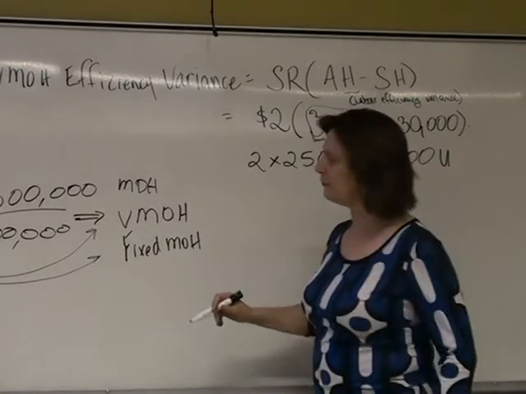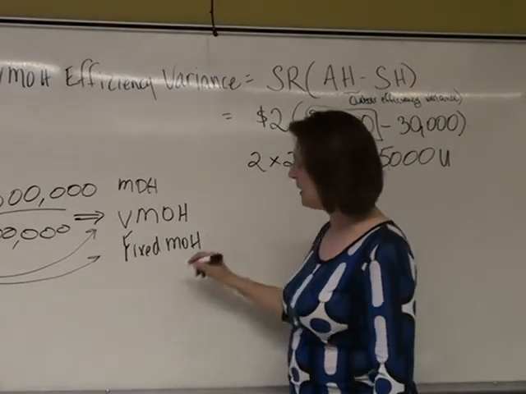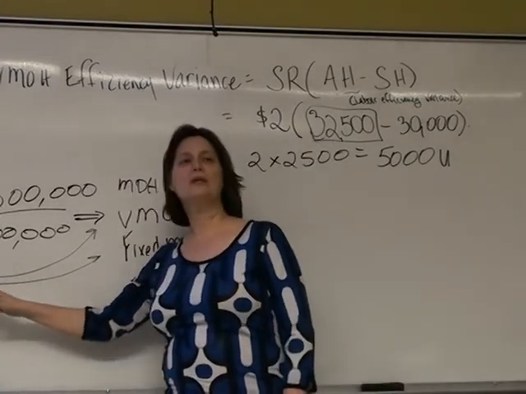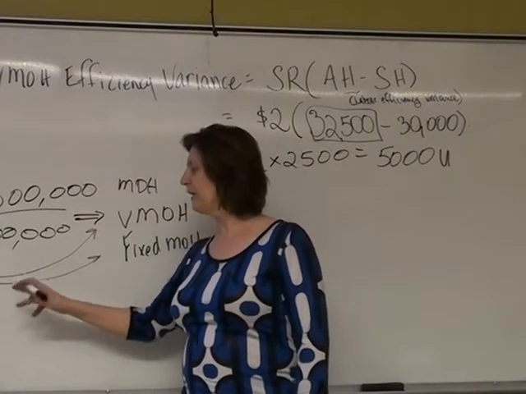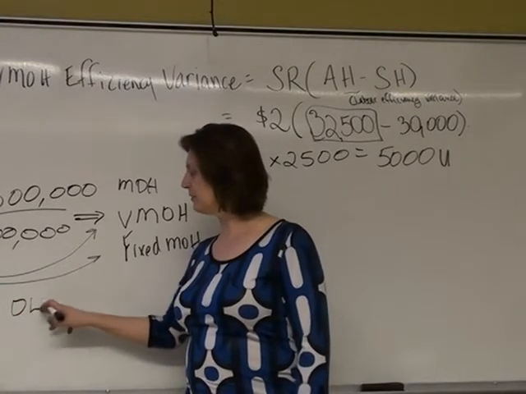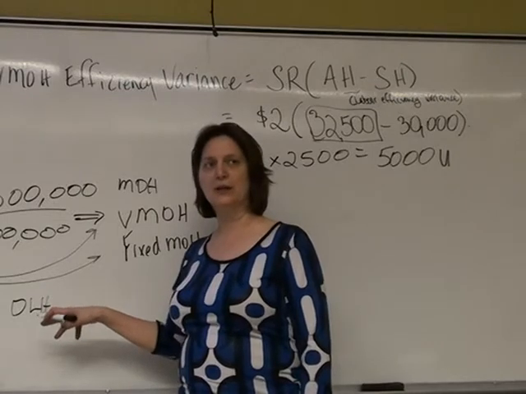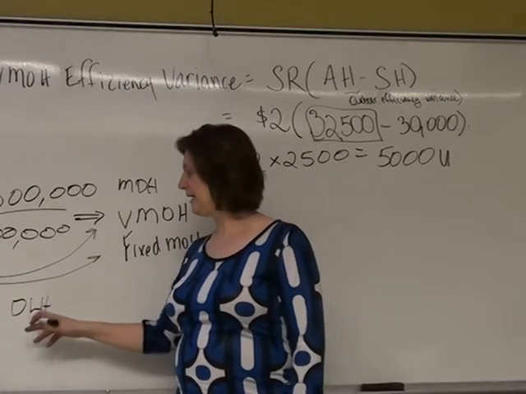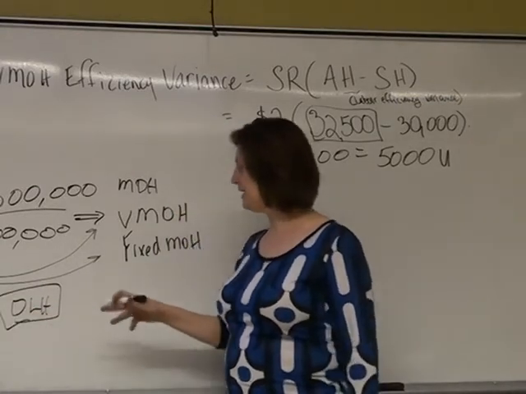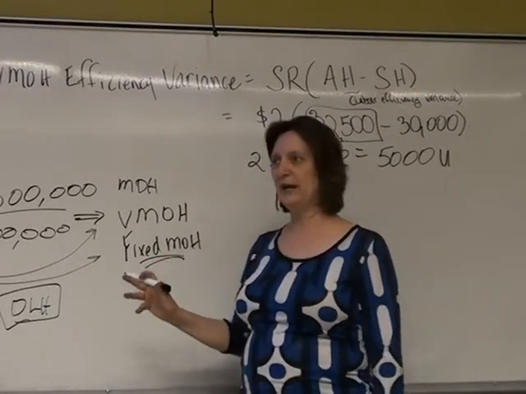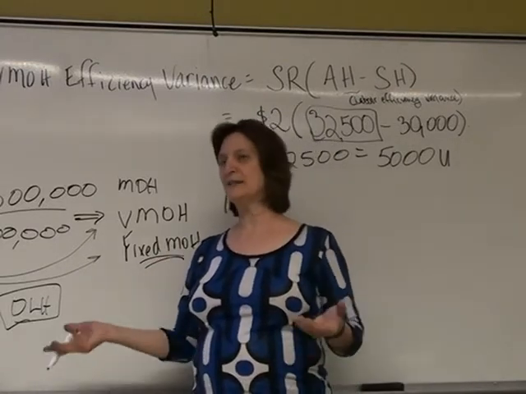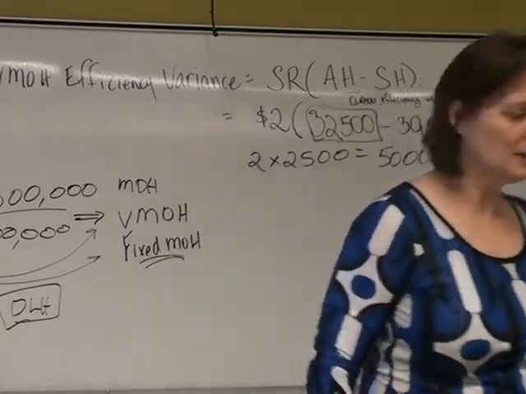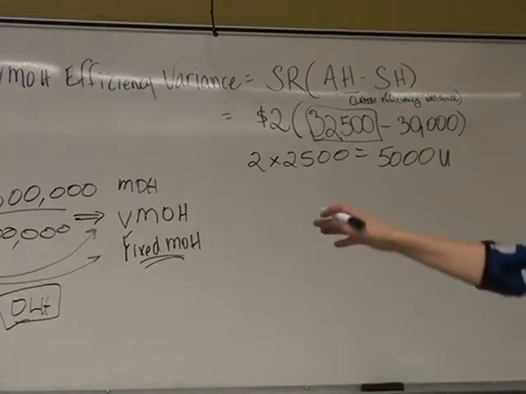So what they're saying is if you break those two pieces out and you still use the same rate, the amount of overhead that you apply will be dependent on the number of direct labor hours or whatever your cost driver is. But with fixed overhead, the entire difference is going to be based on the fact that you're applying fixed overhead based on units of production, and that's not how fixed overhead works. So that variance is called the volume variance, and that is how you calculate it.